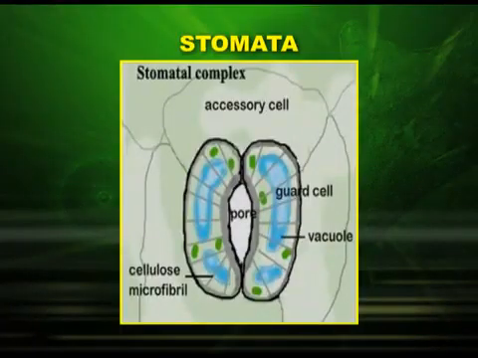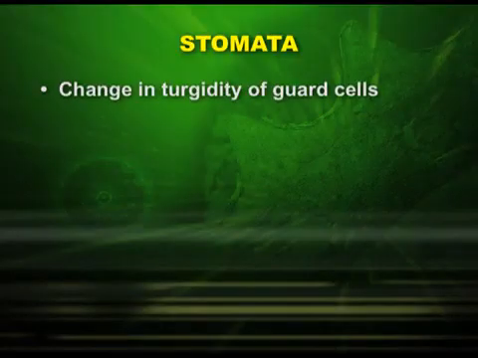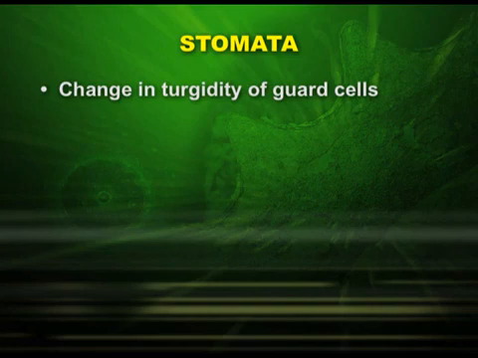In the stomata, you can see the two guard cells. Look at the picture and we see the microfibrils which help in the opening and closing of stomata. The opening and closing of stomata is due to change in turgidity of guard cells.